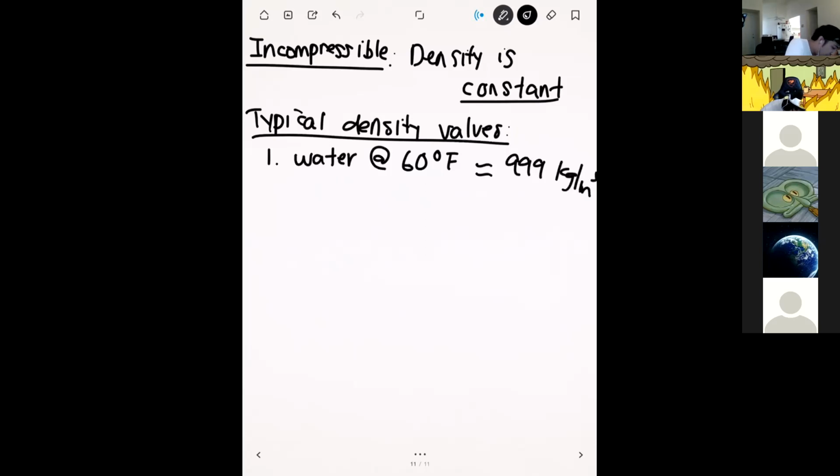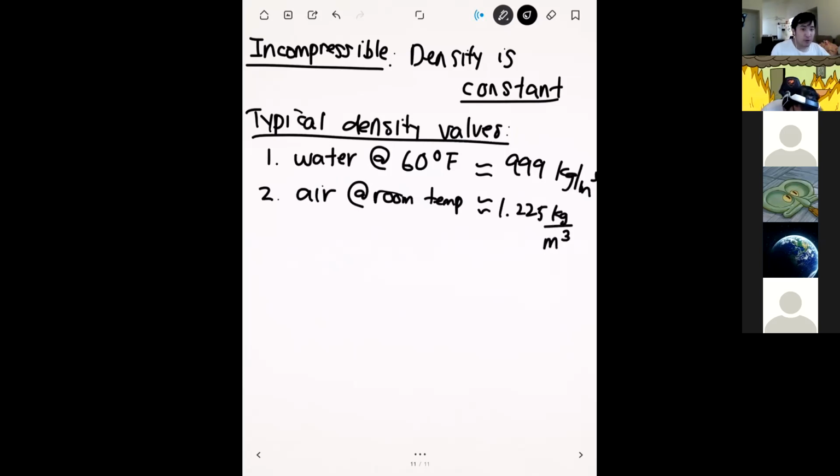We have air. This is at room temp. So this is approximately 1.225 kilograms per meter cubed. So you can see there's a huge difference, which generally lines up with your intuition that water is a lot more dense than air.